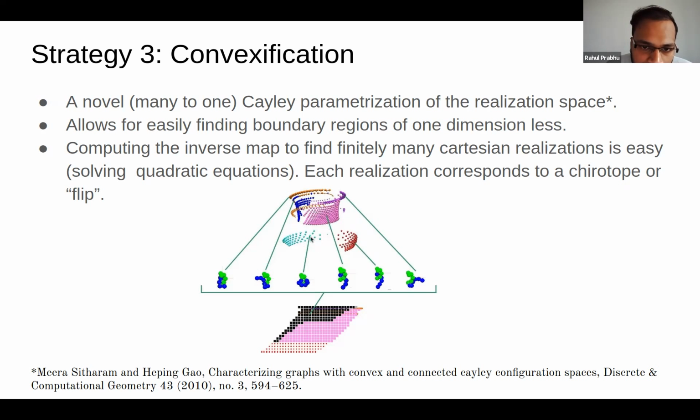I've grouped them into these different colors to indicate that they form a contiguous region in the Cartesian space. So as you can see, if I use a Cartesian or quaternion parameterization, this is what I have to deal with.